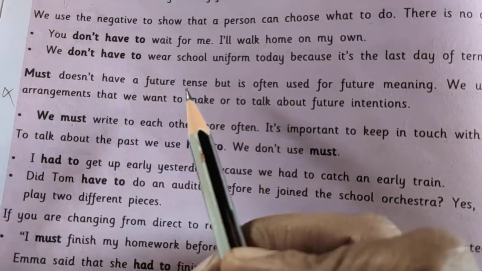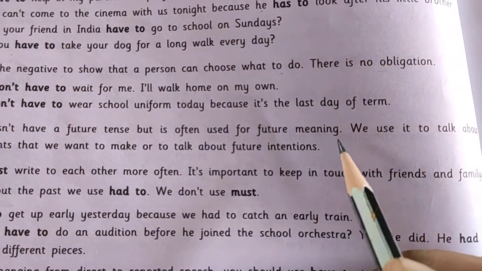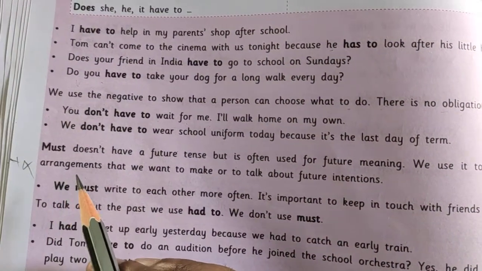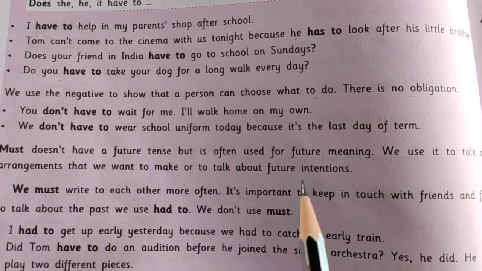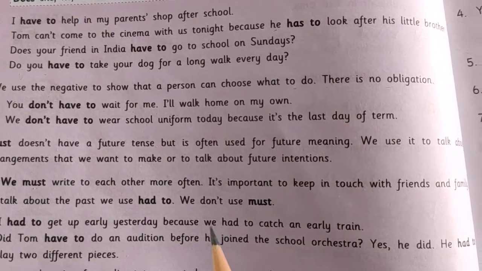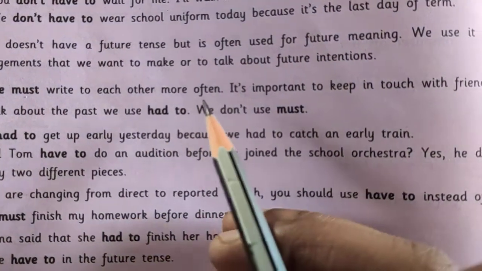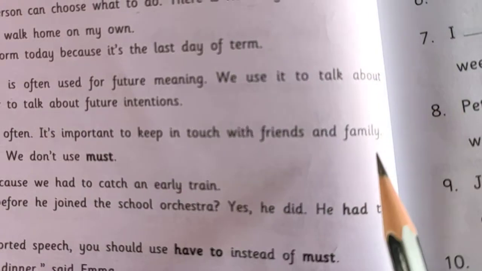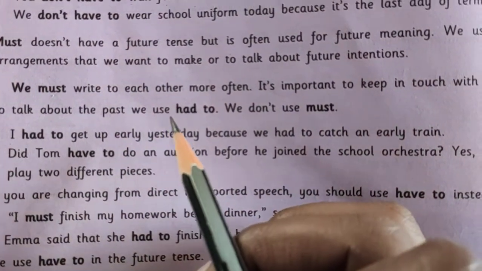Must doesn't have a future tense but is often used with future meaning. We use it to talk about arrangements that we want to make or to talk about future intention. Look: we must write to each other more often. It's important to keep in touch with friends and family. To talk about the past, we use had to.